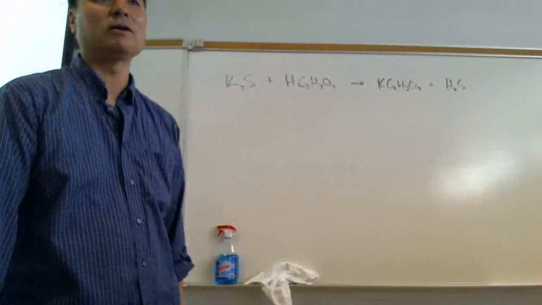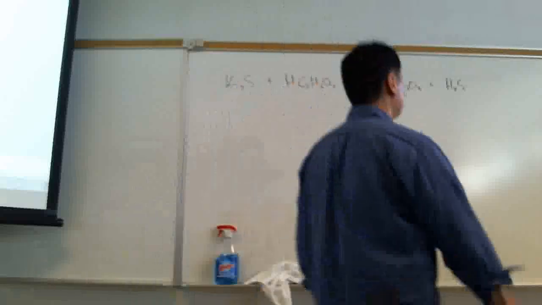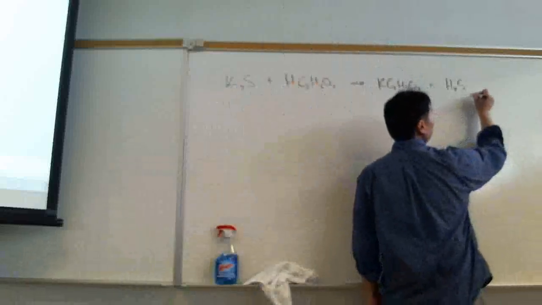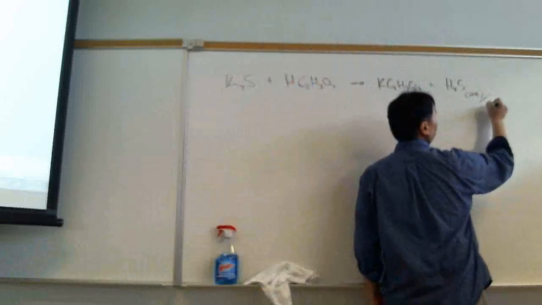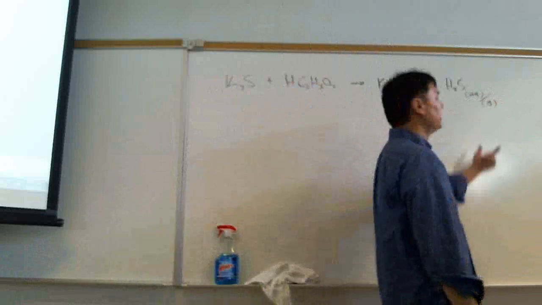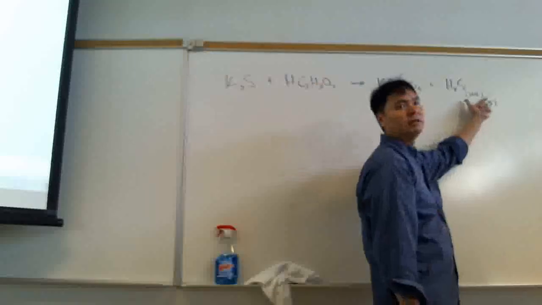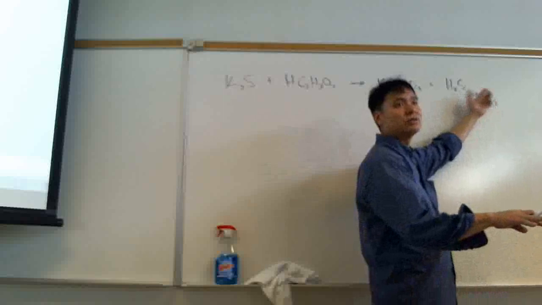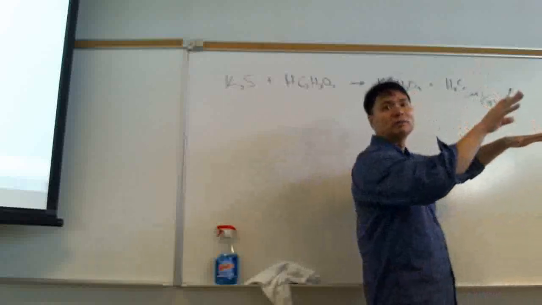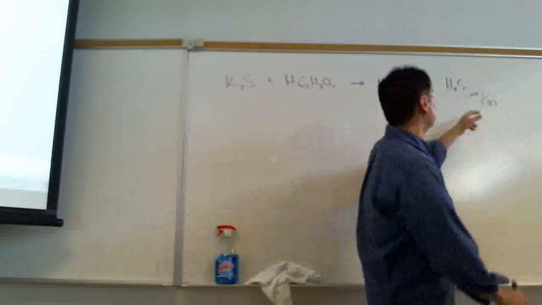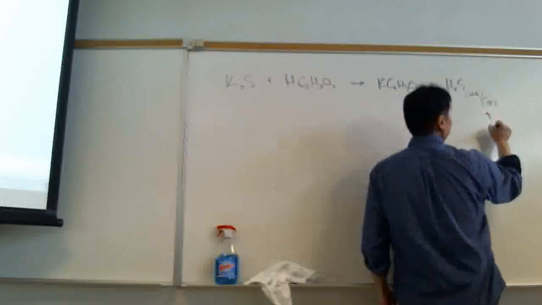It's not very much. Once we exceed 0.1 molar, the rest will bubble out. We'll get some H2S in solution, but most of it will bubble out. And so we have gas formation here.